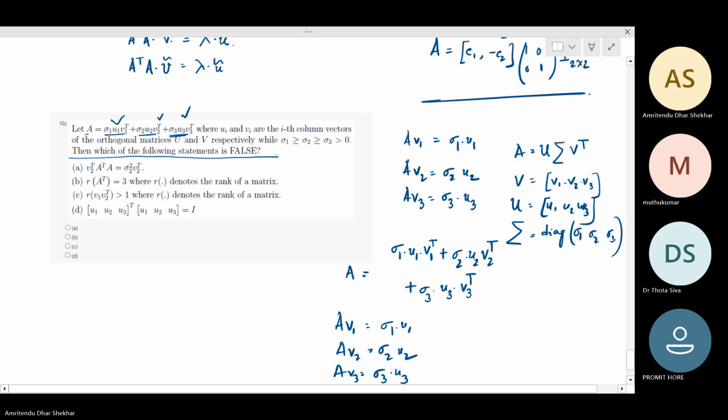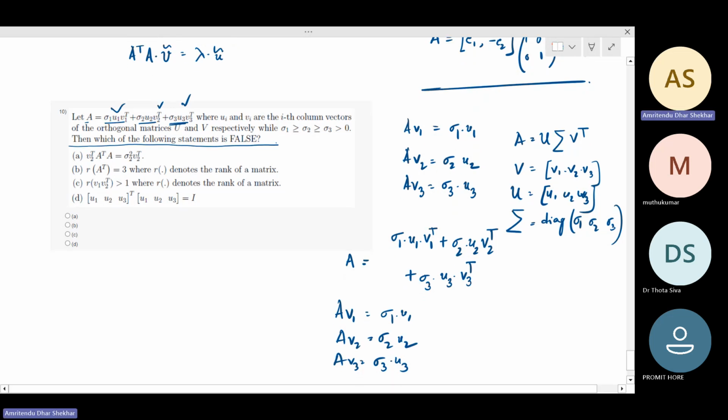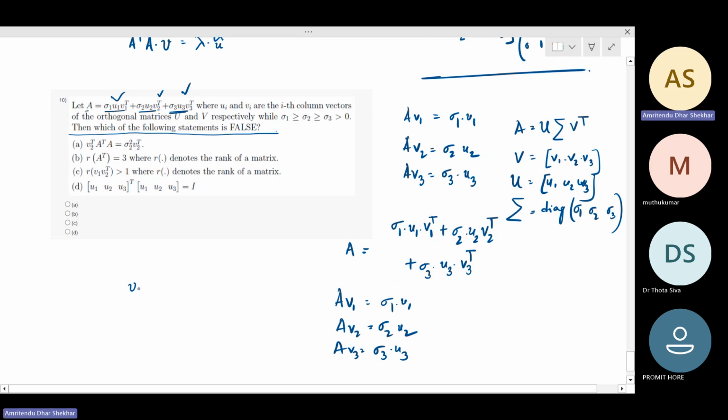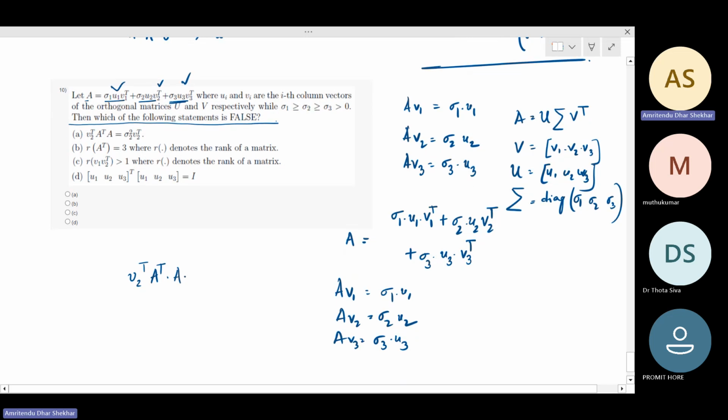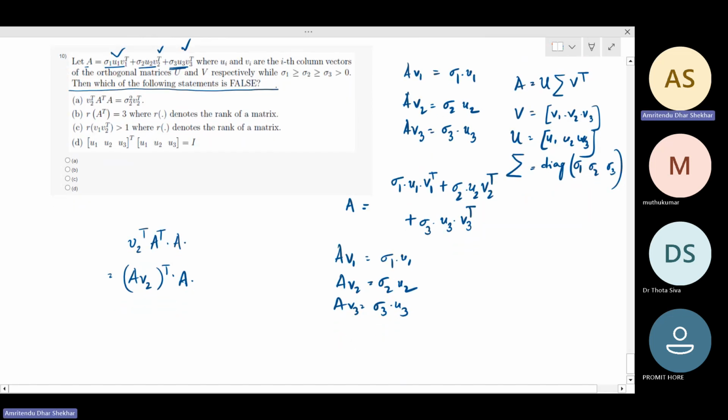First is V2 transpose A transpose times A is equal to A V2 transpose times A. Now A V2 is, right, what is A V2?